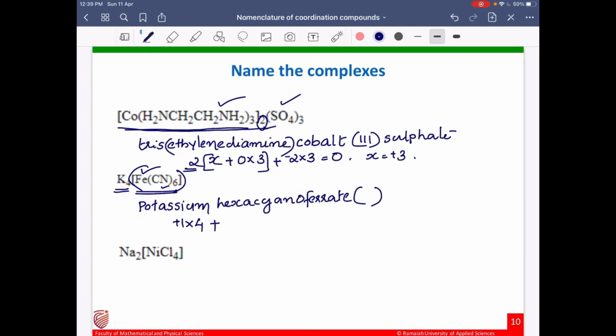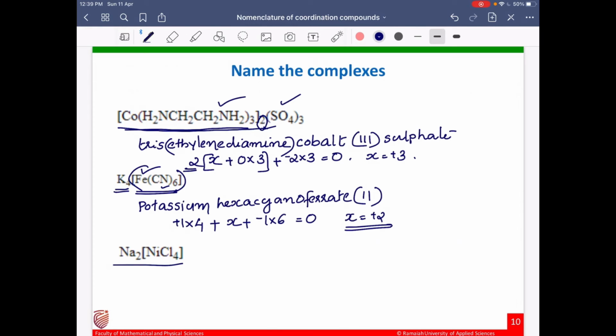Plus Fe, we don't know, that is X. Cyanide is -1. Similarly, 6 are there, equal to 0. So from this, if I calculate, I will get X as +2. So I will give the oxidation state in Roman numerals after that. So the name is potassium hexacyanoferrate(II).